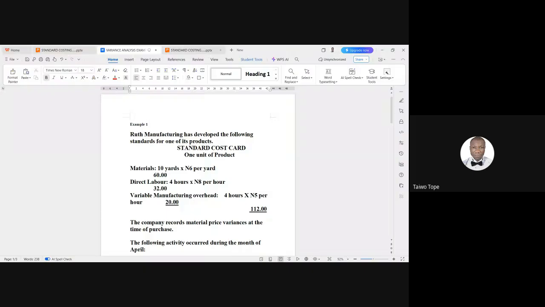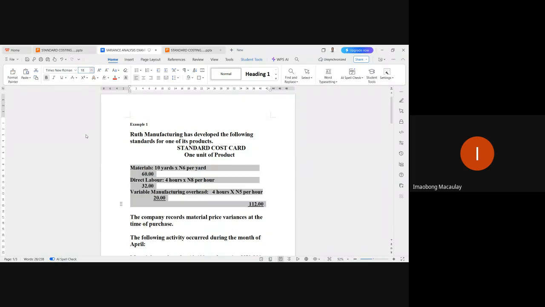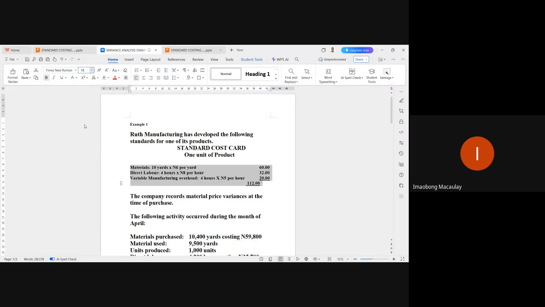To produce 1 unit, how many yards do you need? 10 yards.